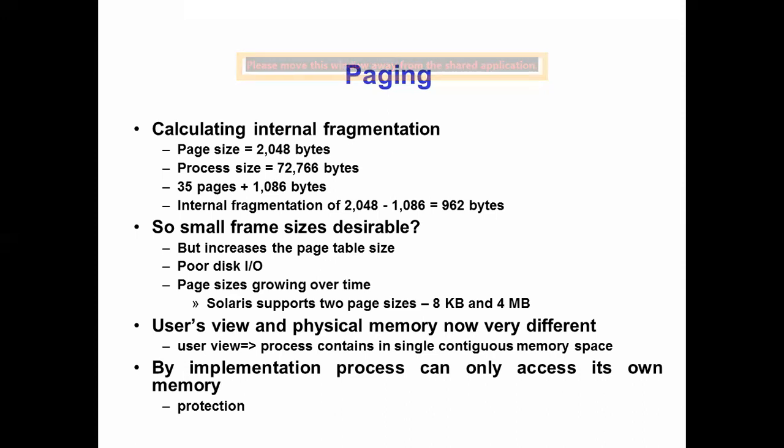This will come under the paging concept: how we are going to calculate the page size, or how we are going to calculate the internal fragmentation. Internal fragmentation is when a number of processes are running and occupying different parts of the memory, and in the last page there may be some space left that we cannot use for another process.